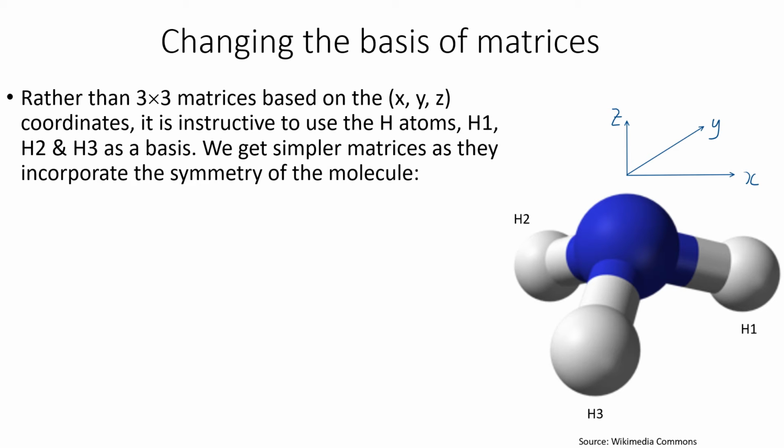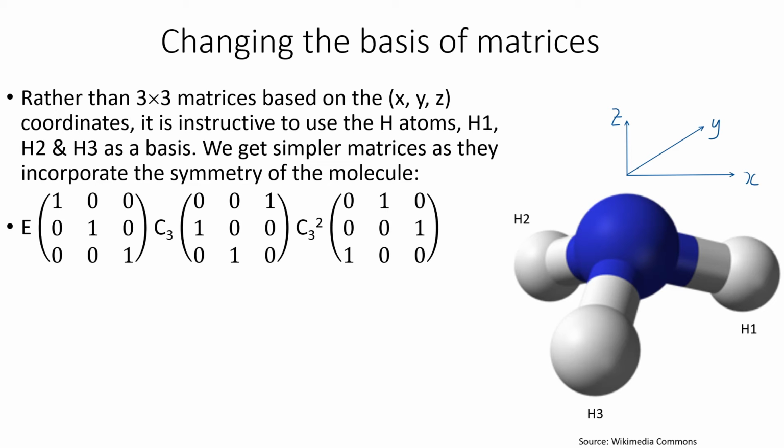And again, because we've got 3 points in our basis, we're going to have 3 by 3 matrices that we use to describe them. And then you'll see here that because H1, H2 and H3 conform to the symmetry of our system, we have these incredibly simple matrices, because simply the atoms are either going to stay still or they're going to move into one of the other atoms' positions. That is really by definition what happens in a particular point group when you consider the symmetry. So we get these very simple matrices here.